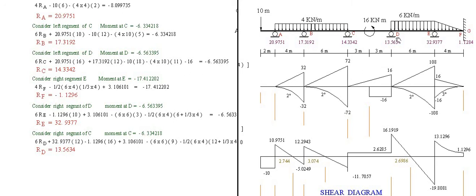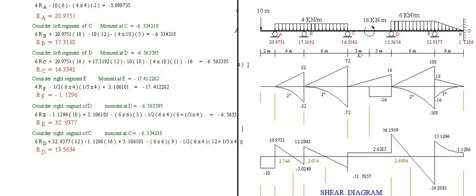Okay, so RC is unknown here. RA and RB are already solved. RC is unknown. Okay, we sum up all the moments at D. So RC times 6, plus reaction at A, 20.9751 times distance 6, 6 and 4.